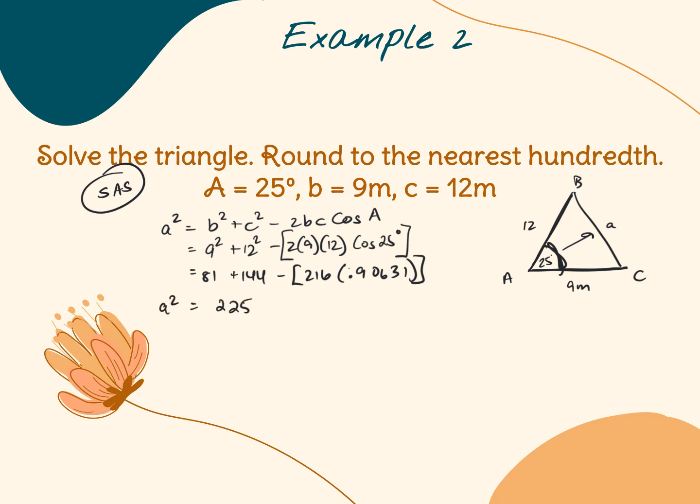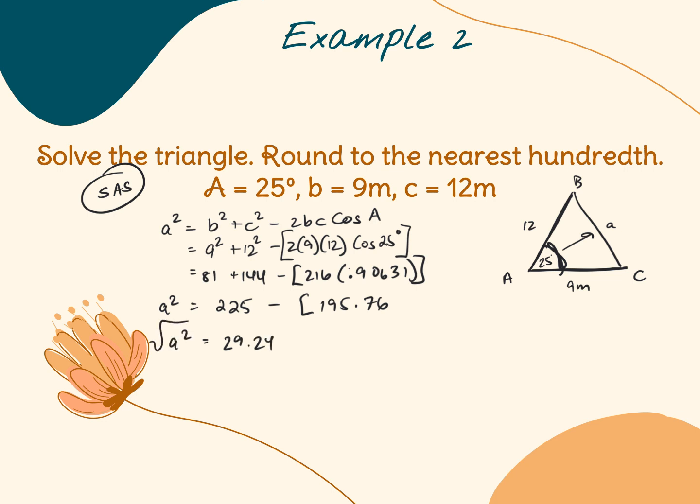Again, this is a squared, right? Minus 216 times the cosine of 25, which is 195.76. So we do 225 minus 195.76, and we're going to get 29.24. So a squared equals that.